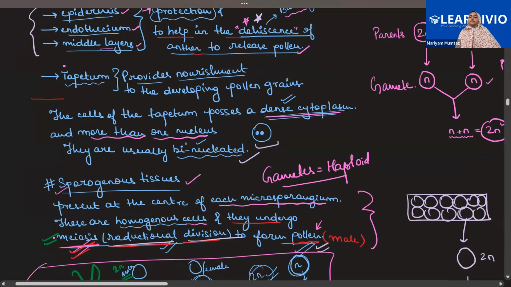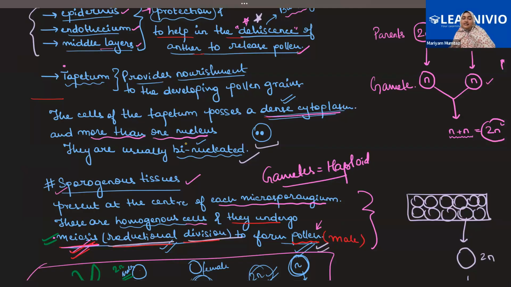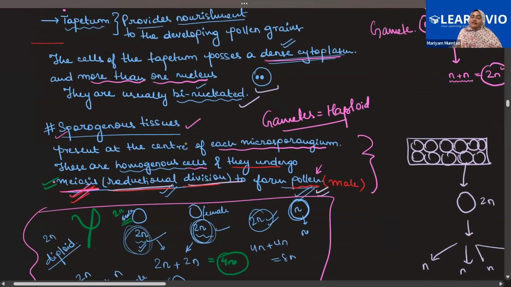Now see, the cells of the tapetum have a dense cytoplasm. Dense means a thick cytoplasm is present, and more than one nucleus is present in them. They are usually binucleated, meaning 2 nuclei are present. Talking about the sporogenous tissue, it is present at the center of each microsporangium.